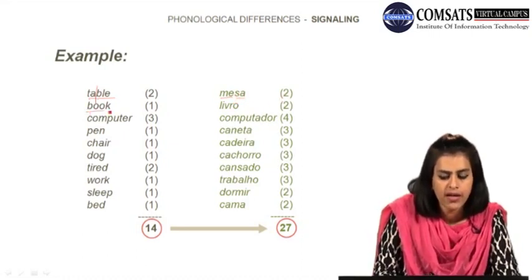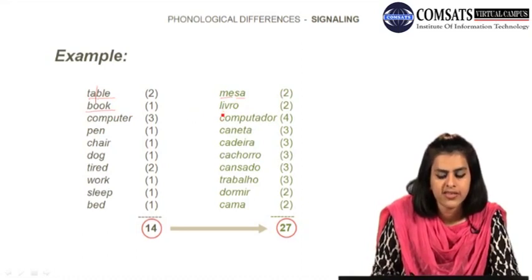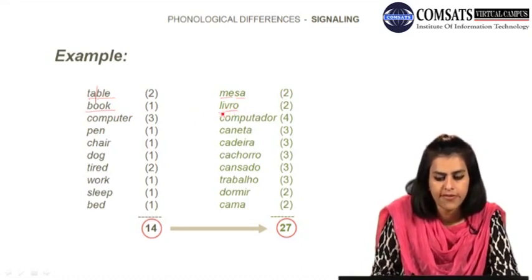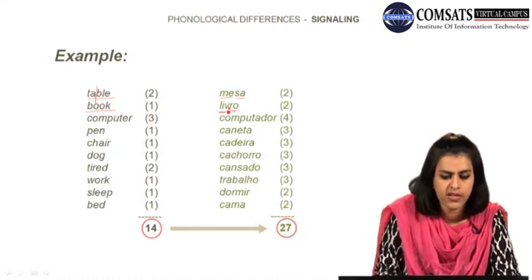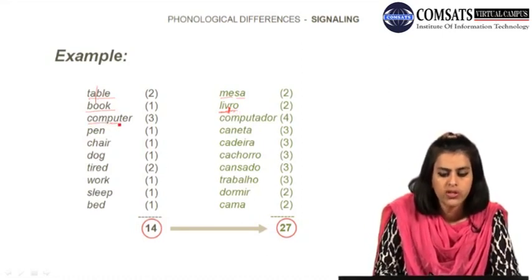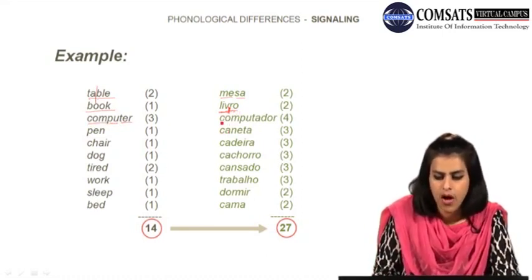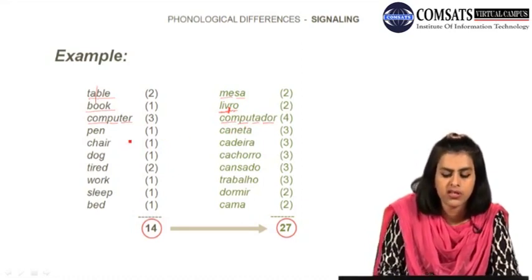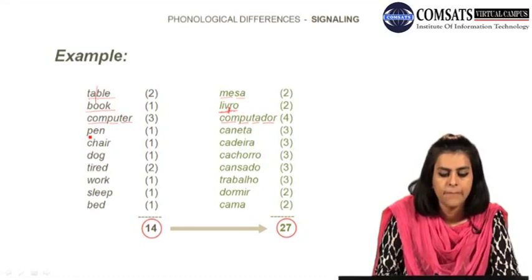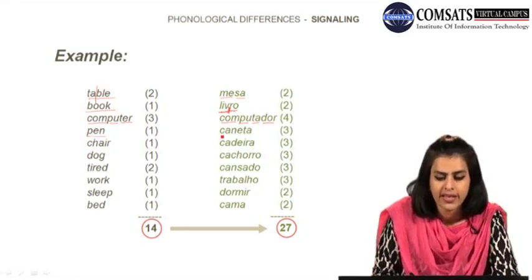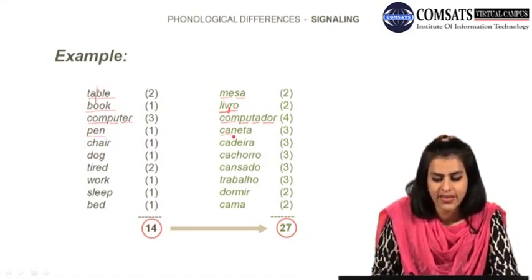The word is book, and in Portuguese, it's known as livro. So there are two syllables. Computer, computador. So this is how you pronounce it in the Portuguese language. Pen is a one syllable word. Caneta.